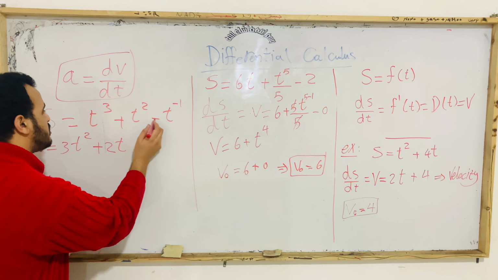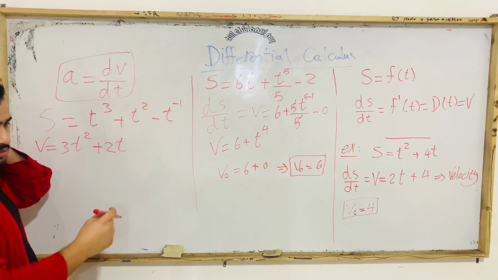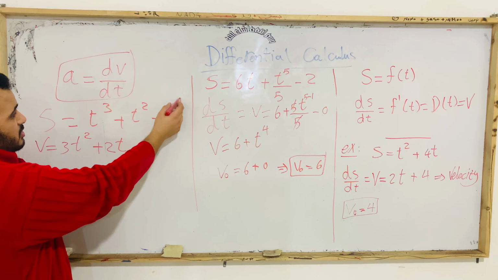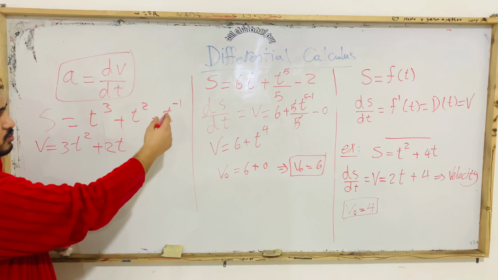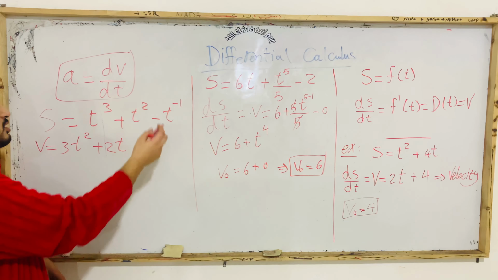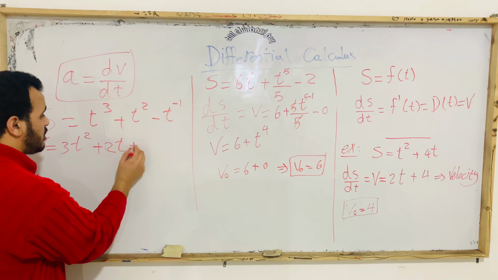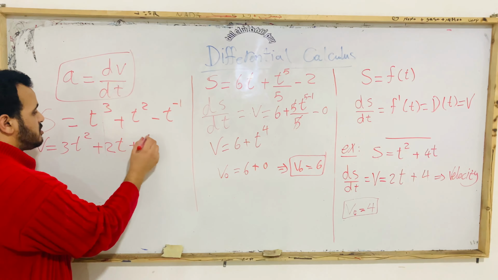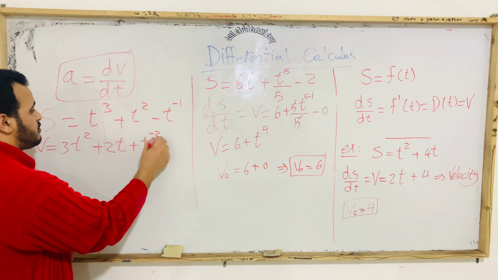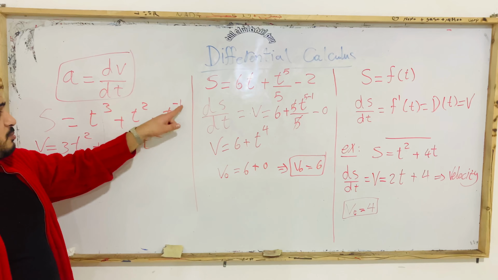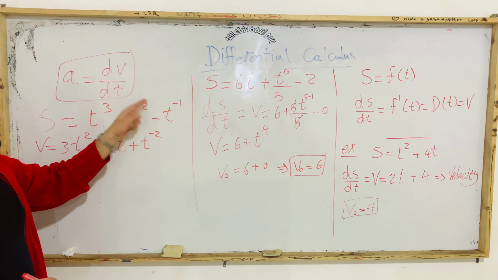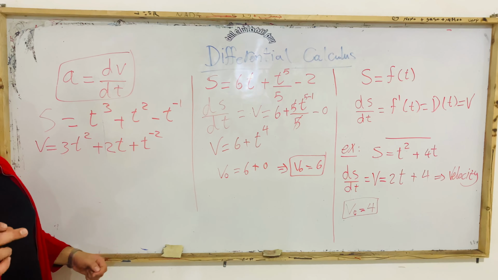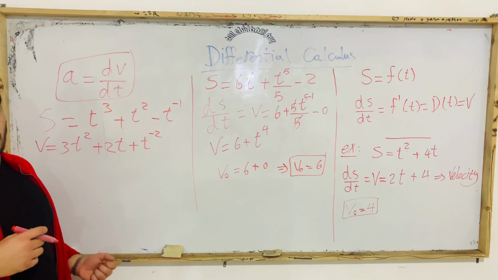This is minus, and this n is equal to negative 1. Negative 1 times negative 1 is going to be plus. So this is t raised to the power negative 2. We subtracted 1 from the power here, so negative 1 minus 1 is going to be negative 2. That's it.